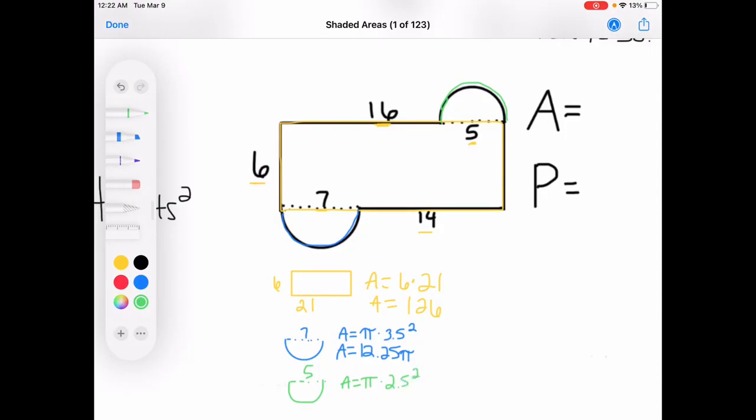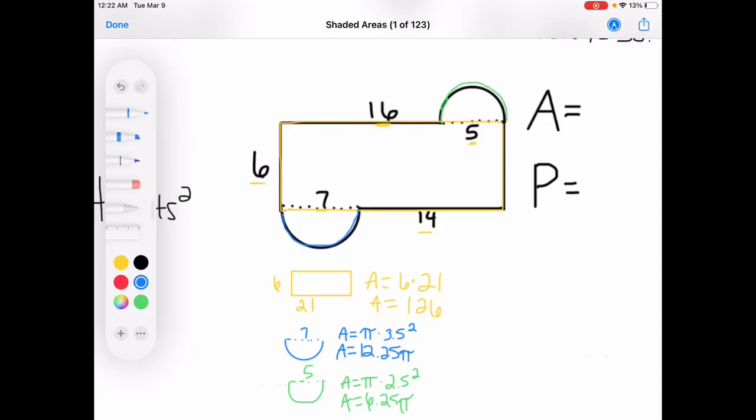So 2.5 squared would be 6.25. So 6.25 pi would be the area if that was the full circle. And then 12.25 pi would be the area if that was a full circle. So I have to remember to go back and divide that by 2.